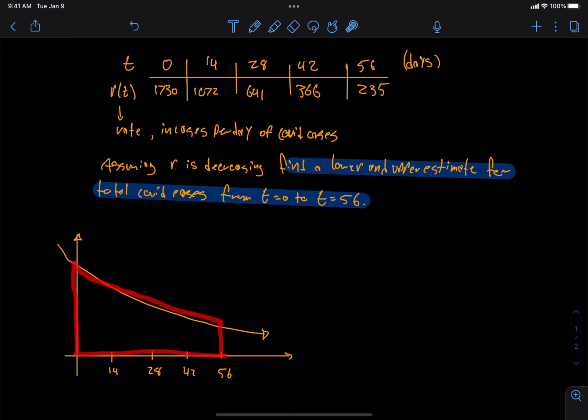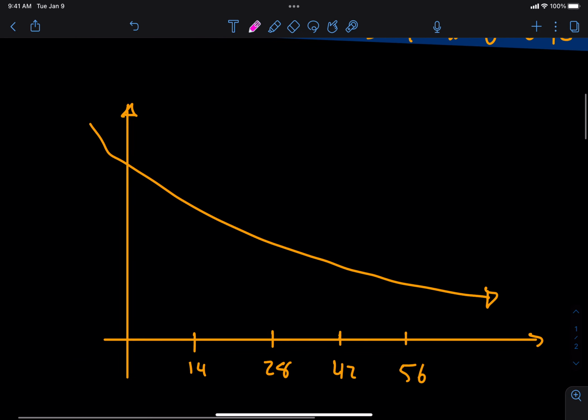So we are going to estimate this area, and the tool we have for estimating the area under a curve is the Riemann sum, specifically the left and the right Riemann sum. So, someone help me out. Is the left Riemann sum or the right Riemann sum going to be an underestimate? A right-hand sum is going to be an underestimate because for a right-hand sum, we choose the height of the first rectangle to be the height of the function on the right side of the first subinterval.